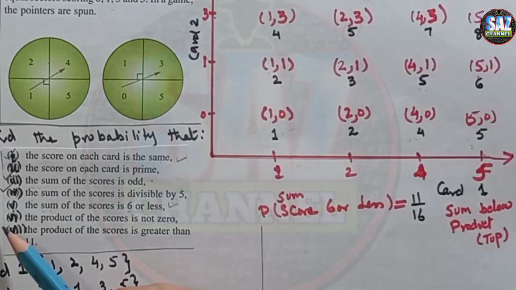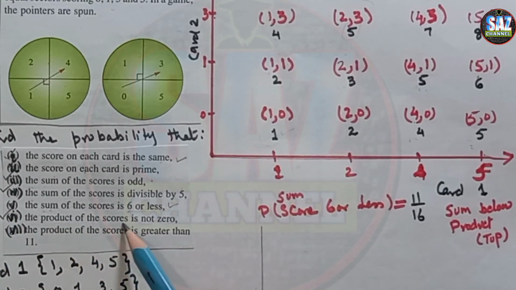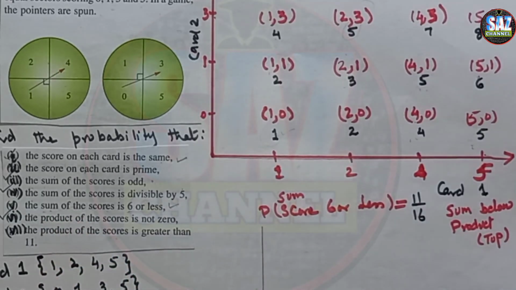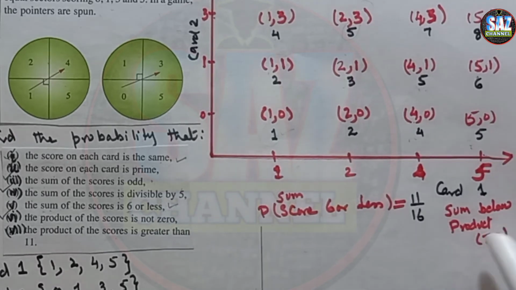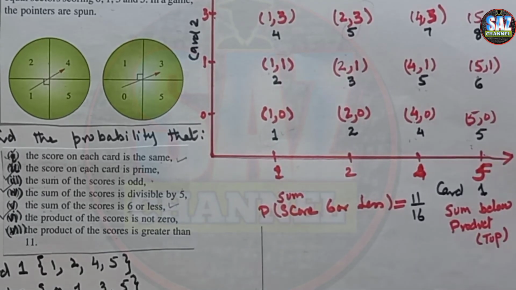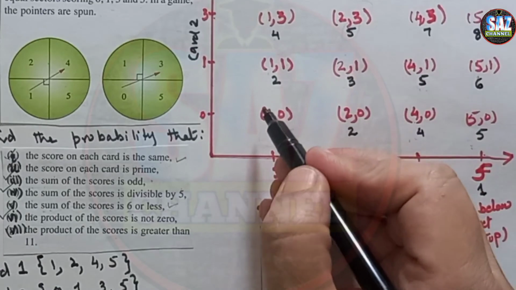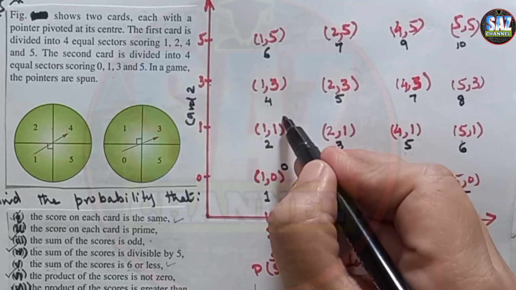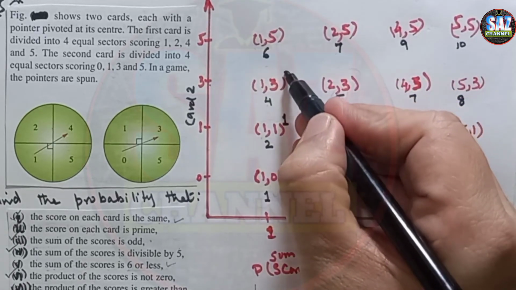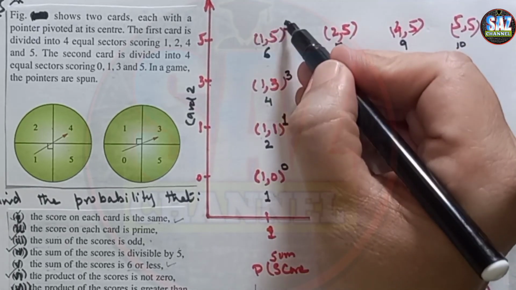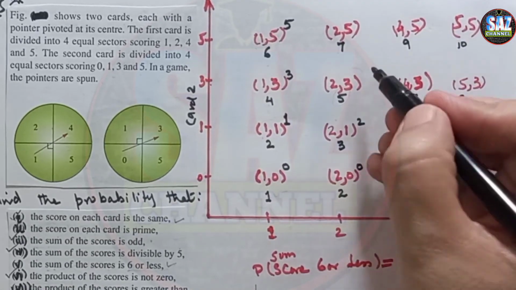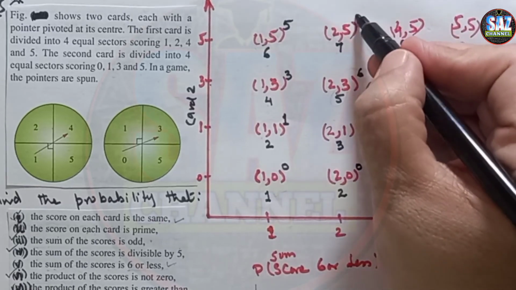The product of the scores is not 0. Now product means to multiply. So in order to get the product, we are marking the key at the top. Product means that we have to multiply these two numbers. So this product is 0, and this is 1, this is 3, this is 5, this is again 0, this is 2, this is 6, and this is 10.